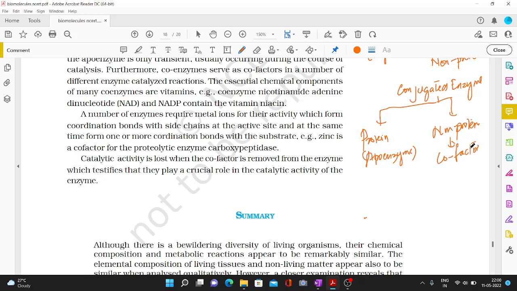Is this point clear? So apoenzyme and cofactor together make holoenzyme. This is very important. Now, cofactors can be of different types.